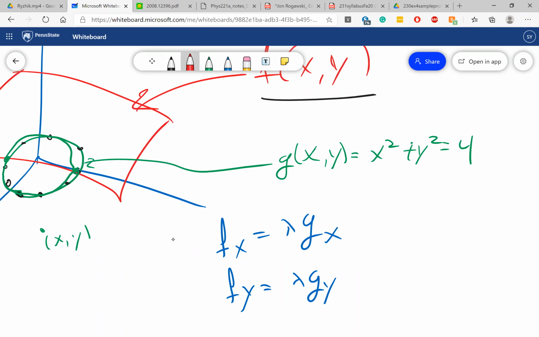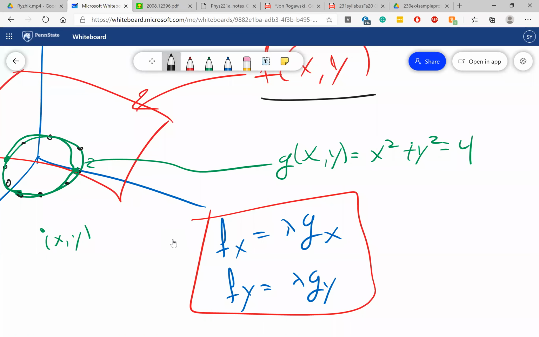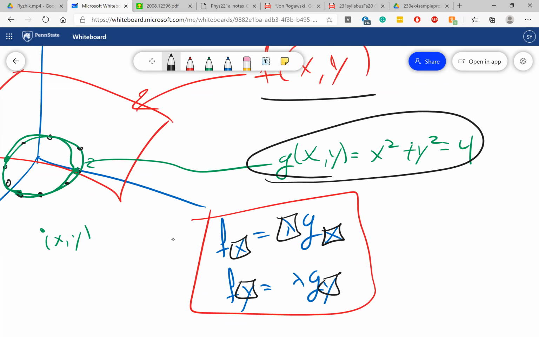And this is the system of equations that we look at. And once we have it, we need to find our lambdas, our x's, and our y's. And we can use this function also, so it's this function plus this, use it to find lambda, x, and y. So let's do an example.